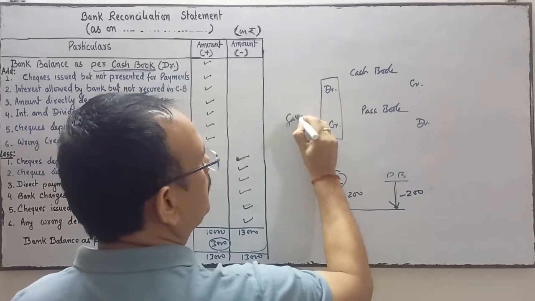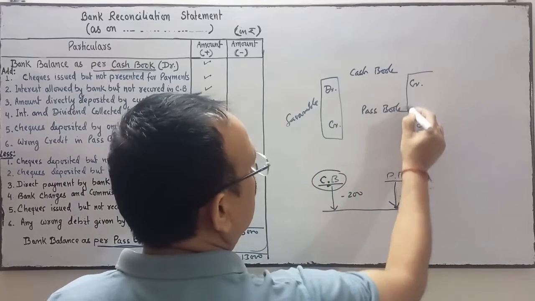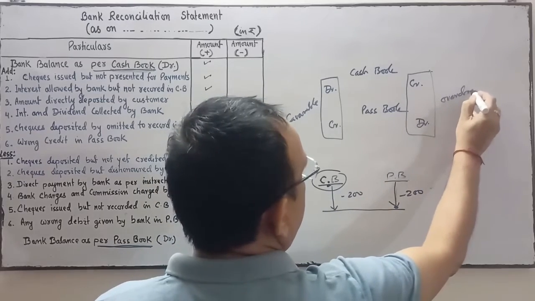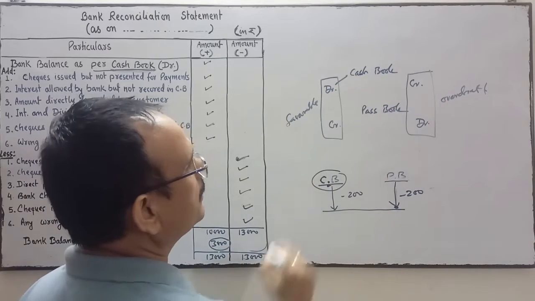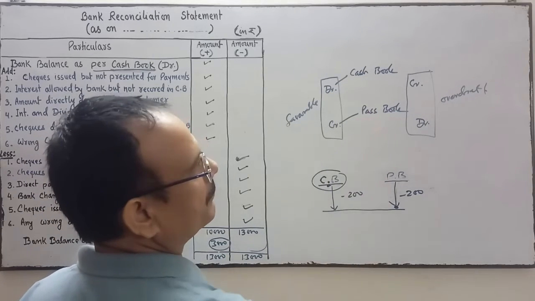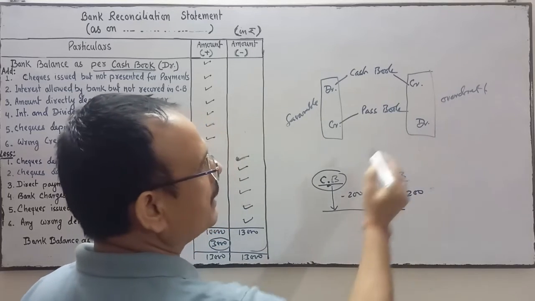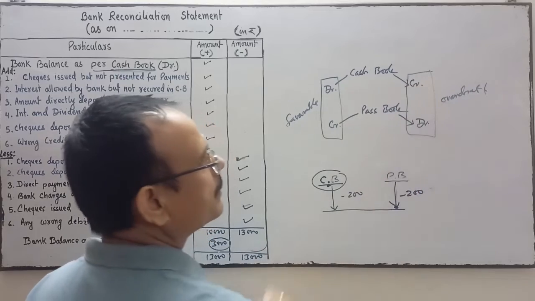So cash book debit is favorable, passbook credit is favorable. Cash book credit is overdraft, and passbook debit balance is overdraft.